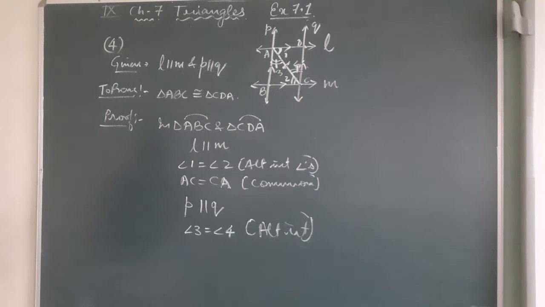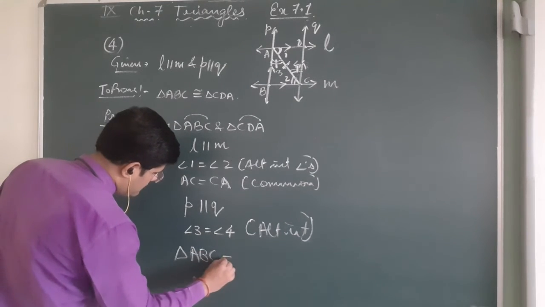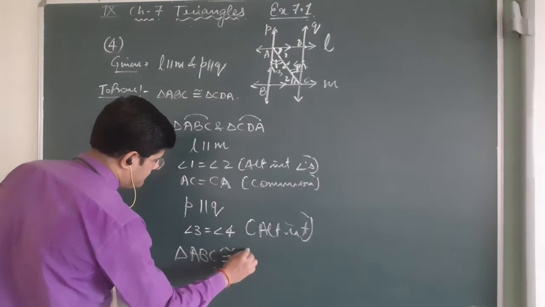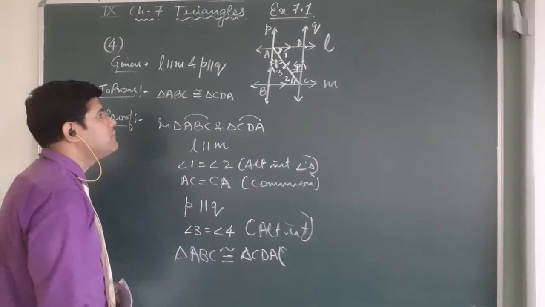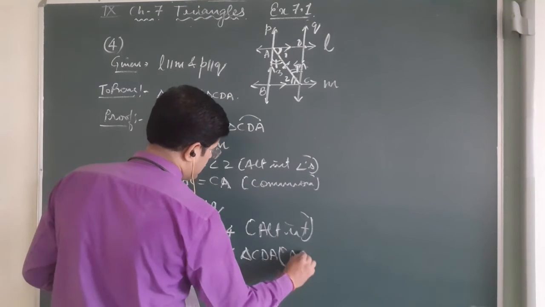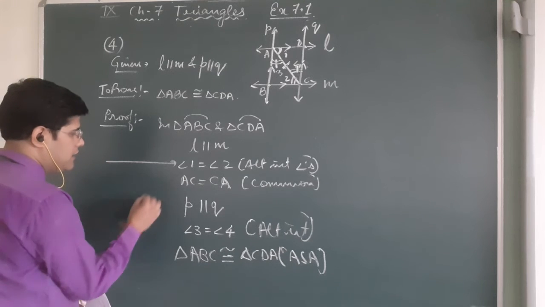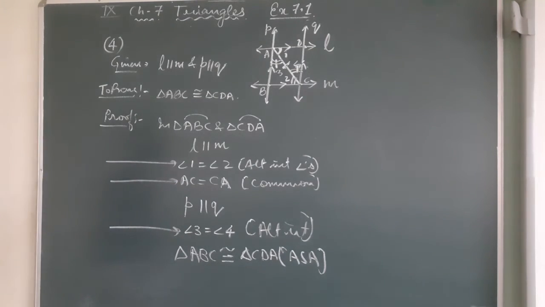Here you can say triangle ABC congruent to triangle CDA by the property of ASA. Here I have used ASA because first the angle, then the side, and then the third angle. So the ASA property we are going to write.